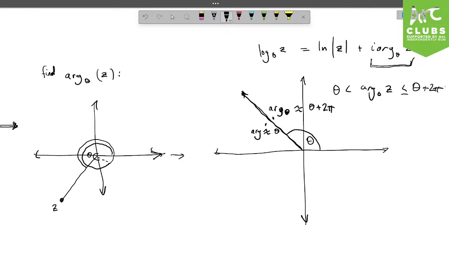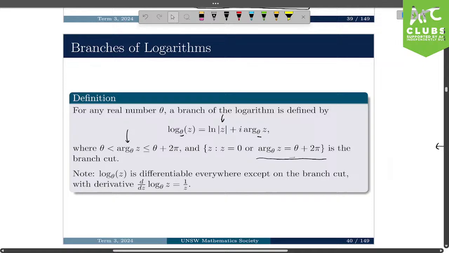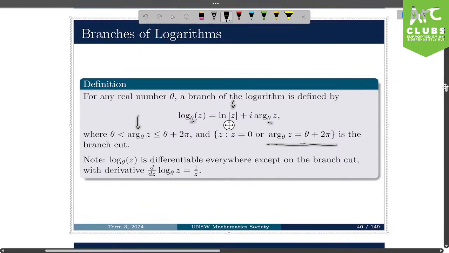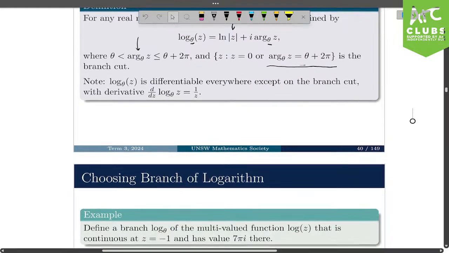So if a point crosses this branch cut, then it's going to have to switch from this very large number to this very small number, and that's why it's discontinuous there, right? So basically what this is saying is using a different branch of the logarithm allows us to move the branch cut, allows us to change where it's not differentiable, while still keeping the same properties.